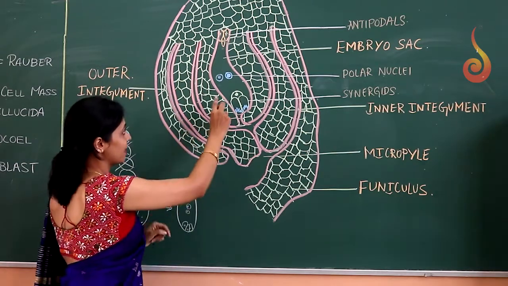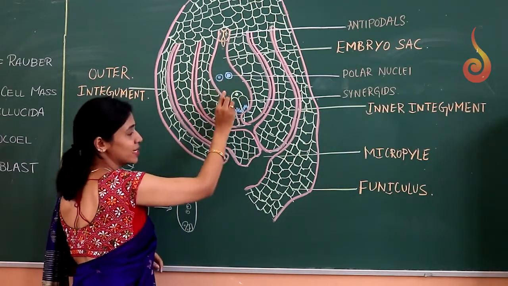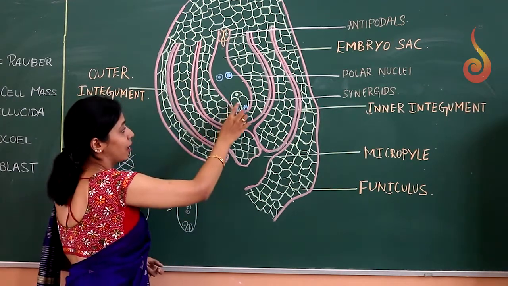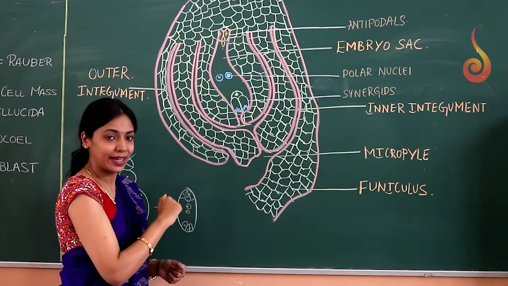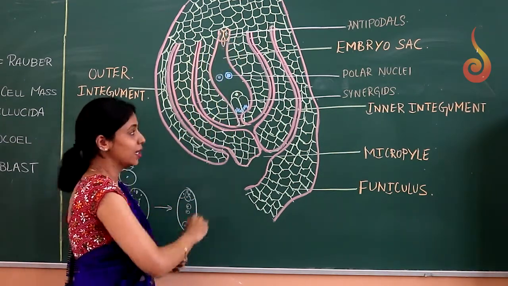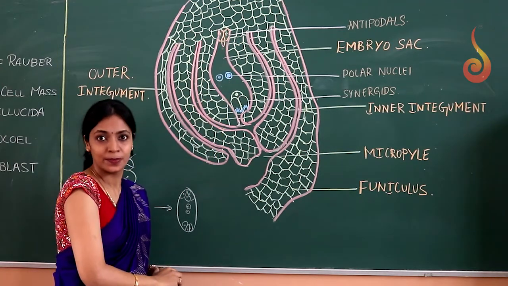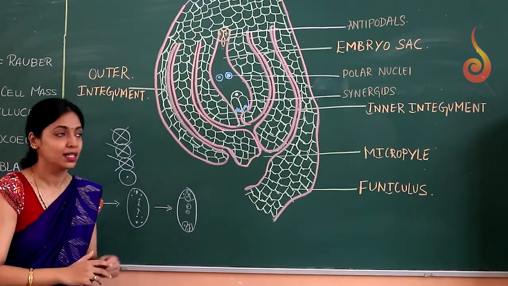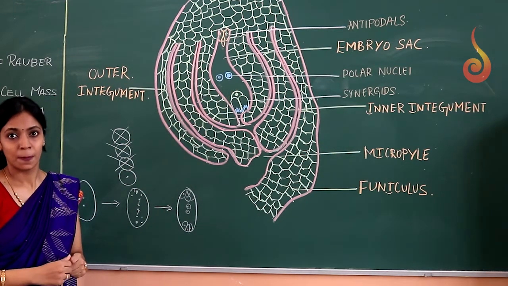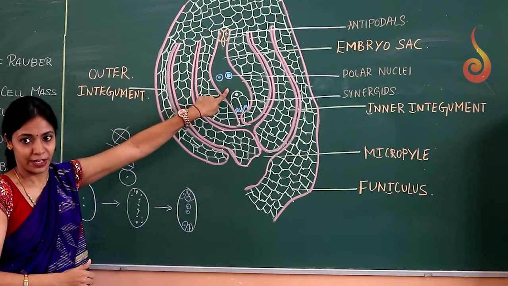So 6 cells there, and this entire thing is one central cell. So there are 7 cells and 8 nuclei. How are there 8 nuclei? One nucleus in each of these cells present at the poles. In the central cell there are 2 nuclei. Therefore, you can find a 7-celled and 8-nucleate stage here. So this is called the female gametophyte.